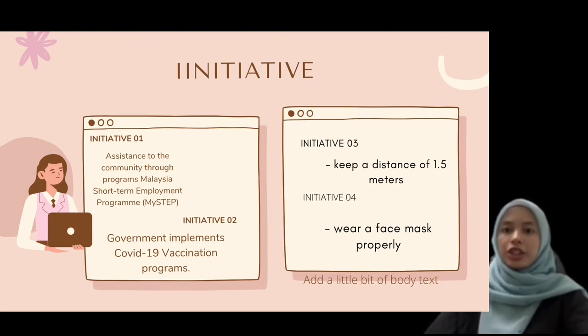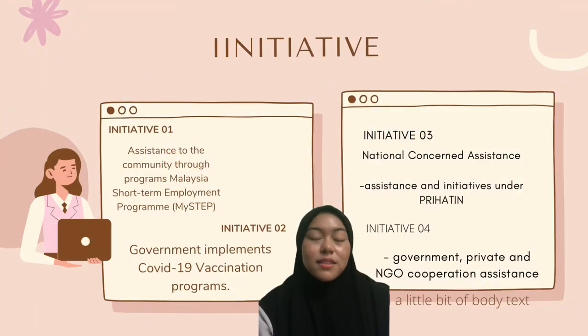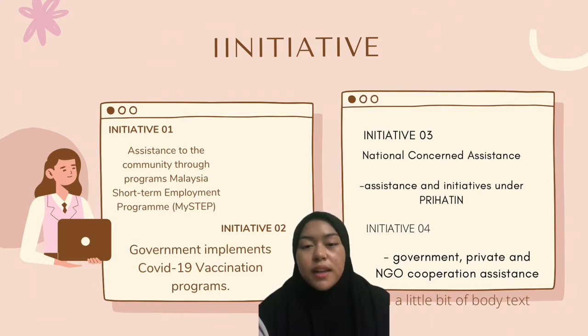at no charge. Initiative 3 is the holistic framework of national concerned assistance. Malaysians from various walks of life affected by the COVID-19 outbreak will receive and can apply for various assistance and initiatives outlined in the economic stimulus package announced by the government. A part of the economic stimulus package was RM20 billion announced on February 27.